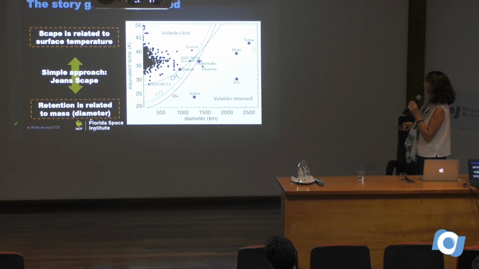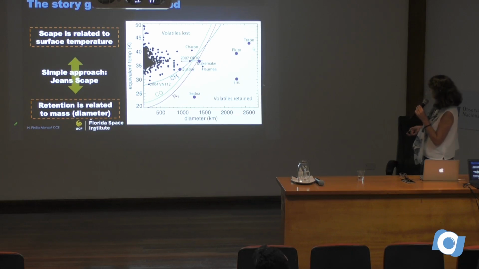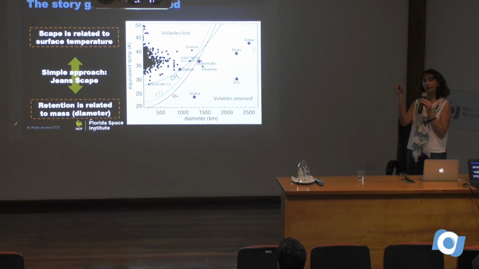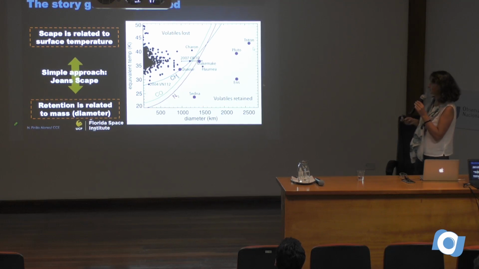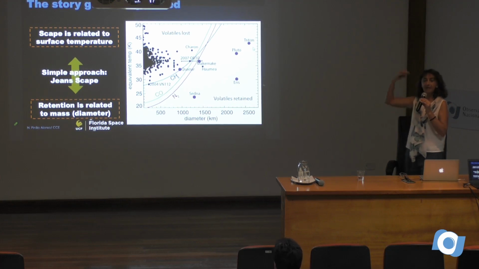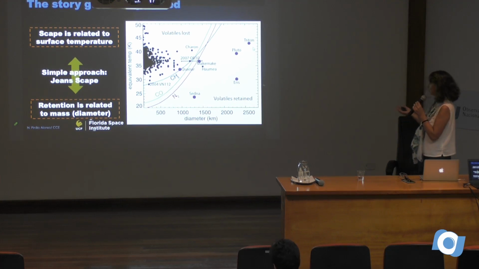Basically, it explains that only the largest ones will have volatiles. The two main variables here are the diameter of the object, which tells you the gravitational force pulling those molecules that sublimate back to the surface, and the temperature, because the temperature is going to trigger sublimation and is also going to provide some energy for those molecules to escape.